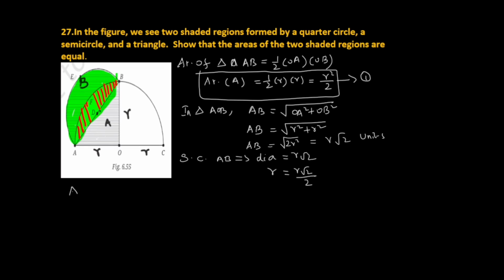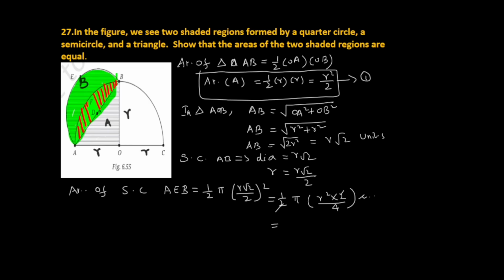So the area of semicircle AEB is equal to 1 by 2 pi r squared, where r is R root 2 by 2, the whole squared. So that is equal to 1 by 2 pi R squared into 2 by 4 square units.